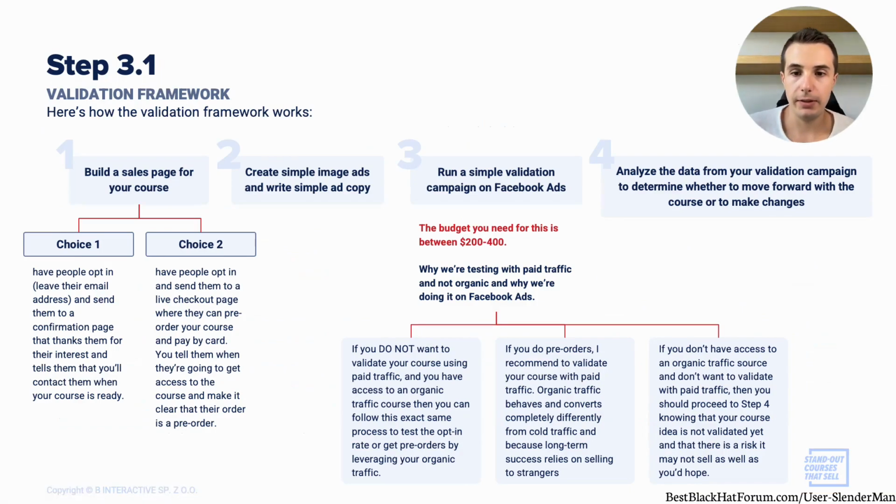Because if you choose to do it this way, and you're very confident that your course will sell, because your competitors are selling similar courses successfully, then what you could also do is build out the first 1 to 2 modules of your course and give people access to those modules right away, and then simply drip the remaining part of the course as people go through the course, so that you have time to build the remaining modules.